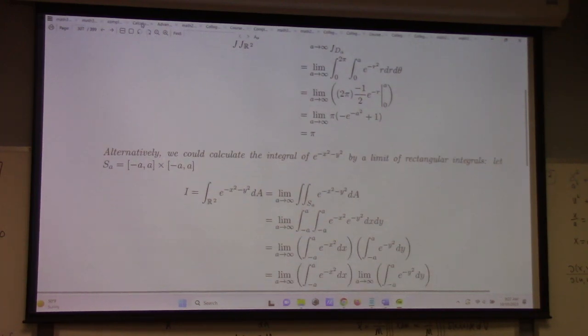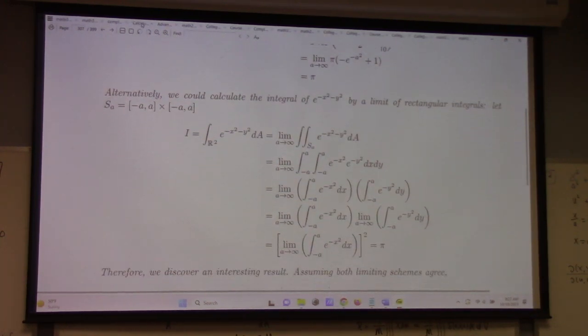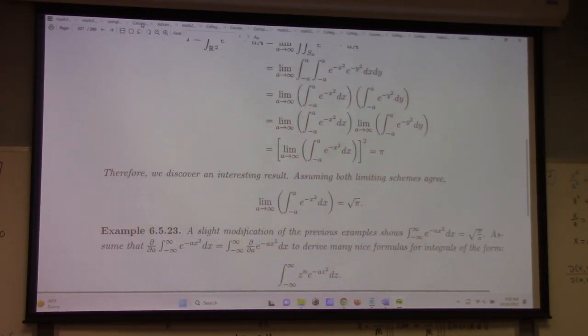And if you do that, this factors, and we've really got the same integral 2 times. So we have the one-dimensional improper integral squared equal to pi. Lo and behold, we have derived the result that the integral from minus infinity to infinity of the Gaussian function, e to the minus x squared, is square root of pi.